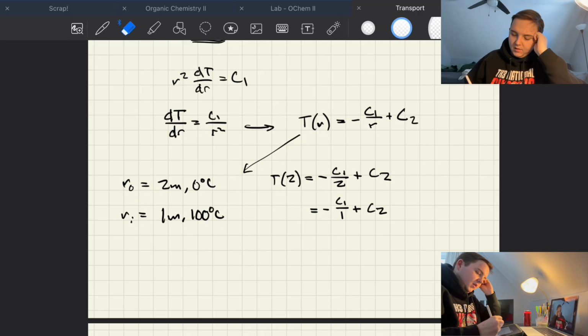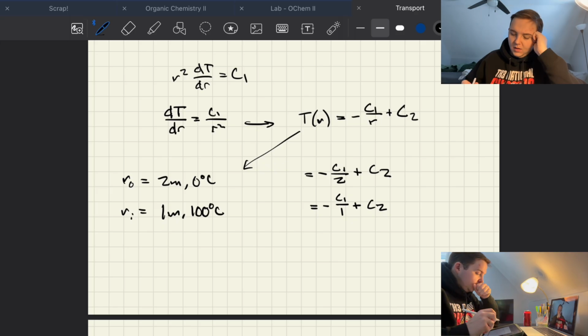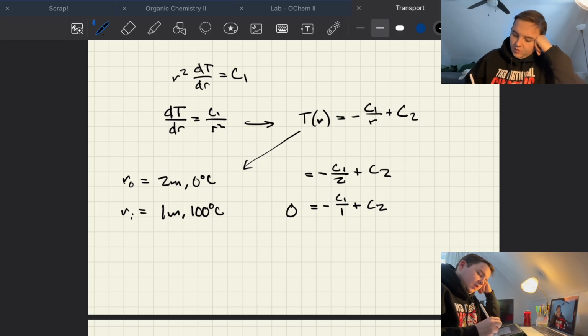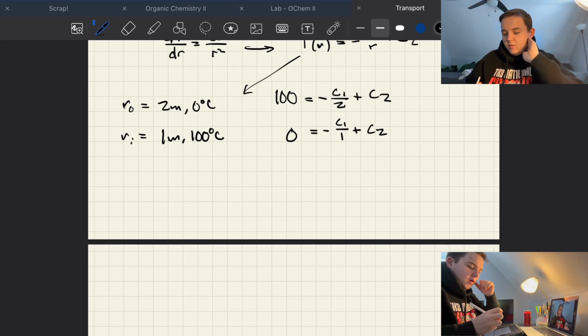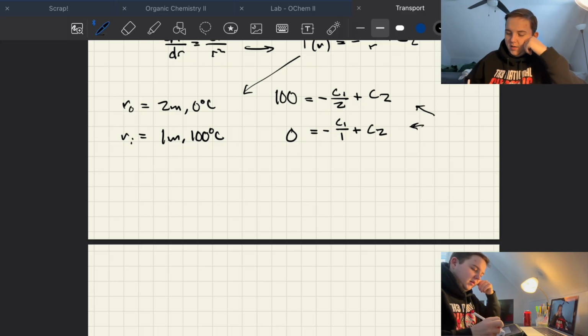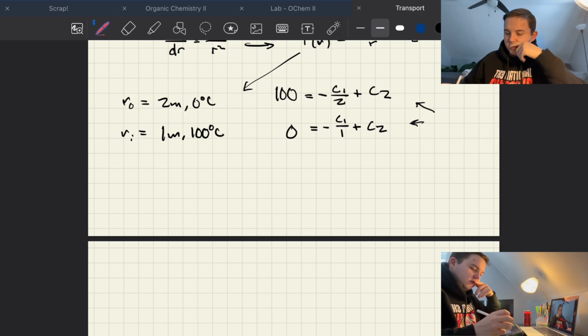Okay, wait, this is wrong. This should be the temperatures, not the radius. So this one will be 0, this one will be 100. My mistake. So what we're going to do is solve for C2 here and plug it back into the top equation as a series of equations.